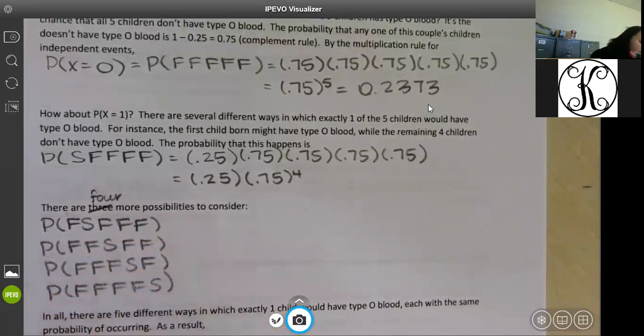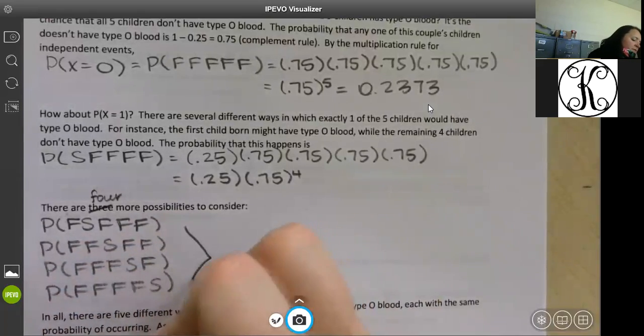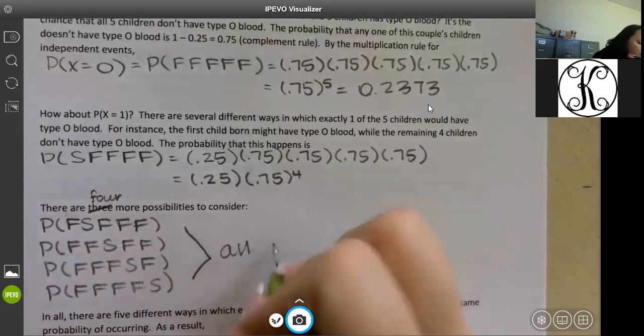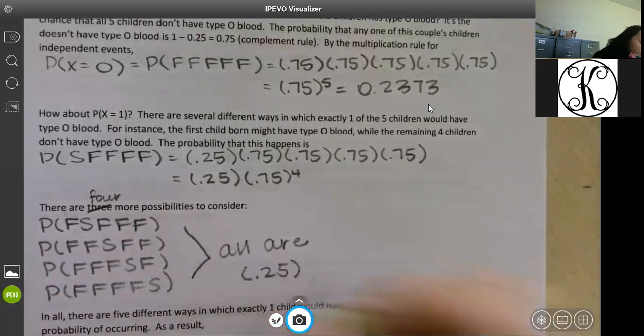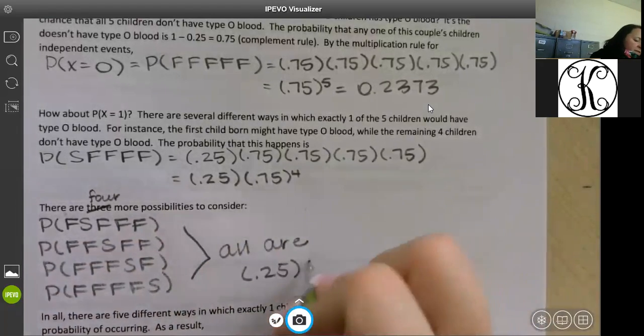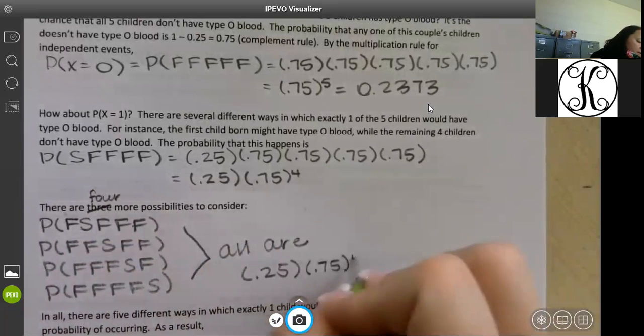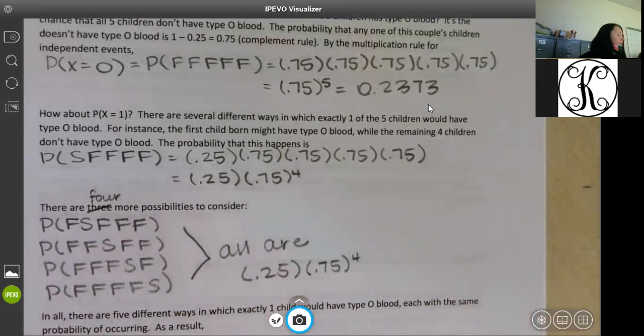And then the last one is a success. Every one of these probabilities is going to be the same thing that we just did. There's 1 success and 4 failures.